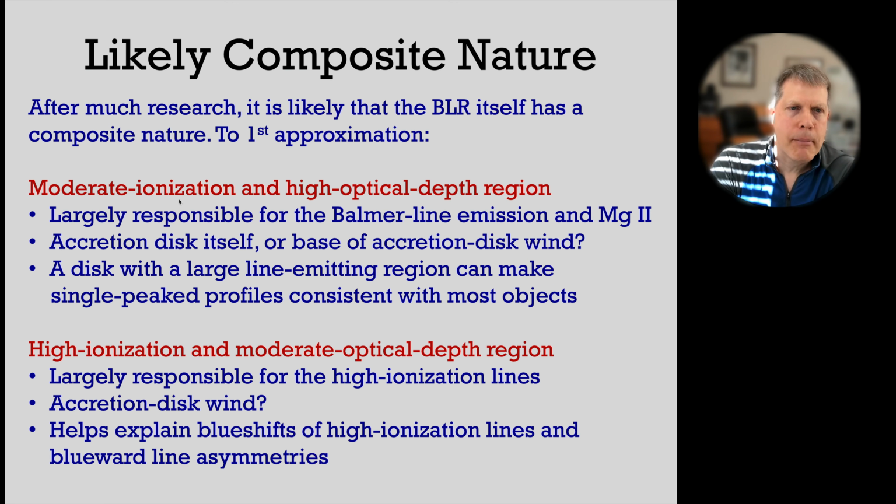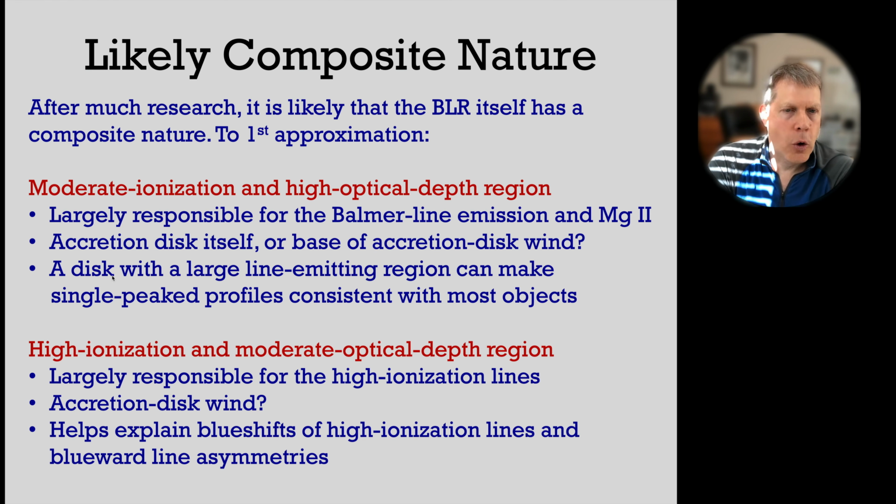This region here, the moderate ionization, high optical depth region, would be largely responsible for the Balmer line emission and magnesium-2, the low ionization lines. Some people envision this as perhaps being the accretion disk itself, or the base, down close to the accretion disk, of an accretion disk wind.